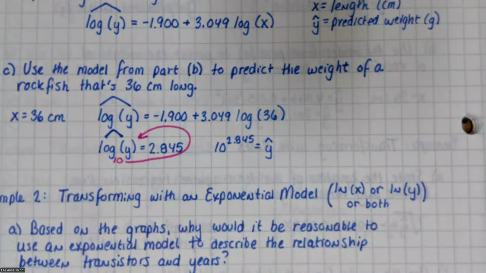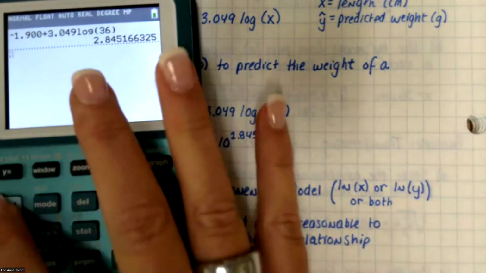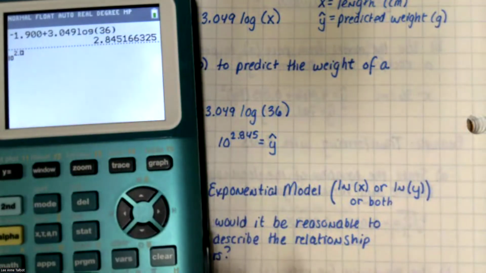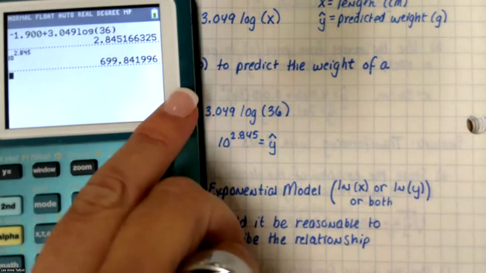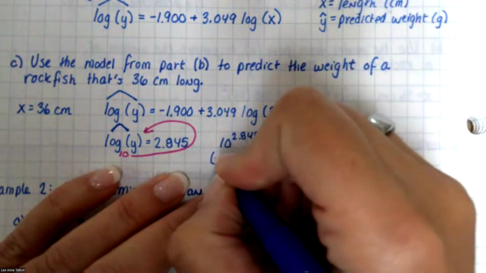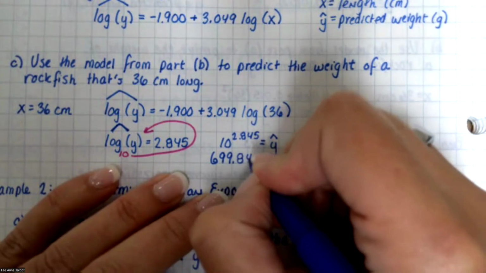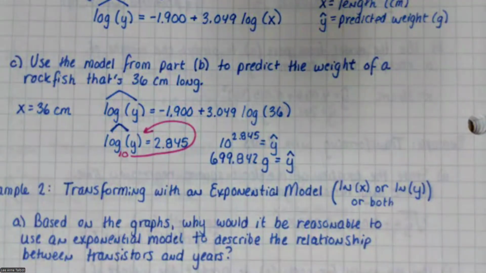Rewrite it into exponential form. So 10 to the 2.845 equals y hat. Rewrite to exponential and then calculator again. 699.842 grams equals y hat.